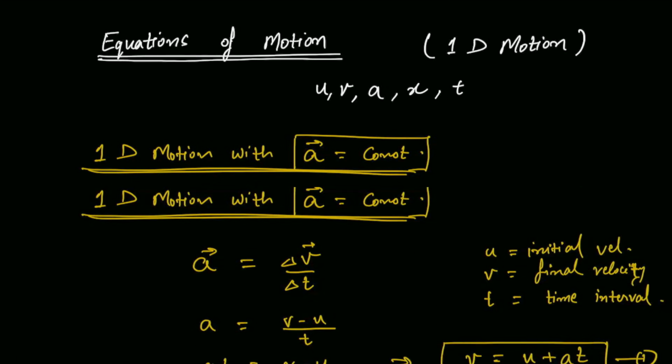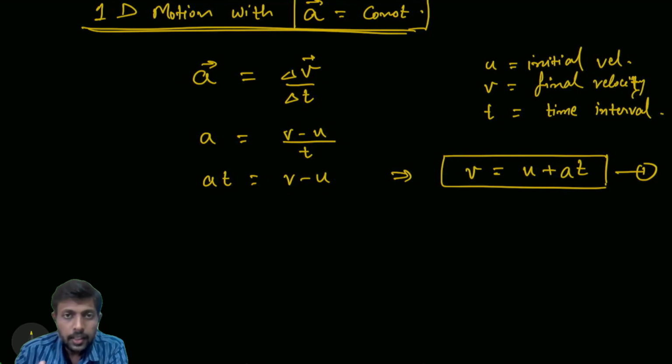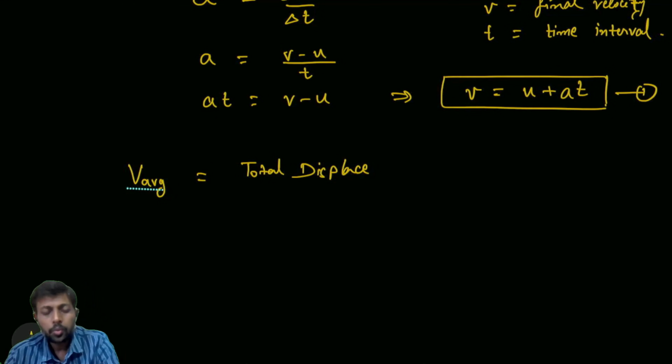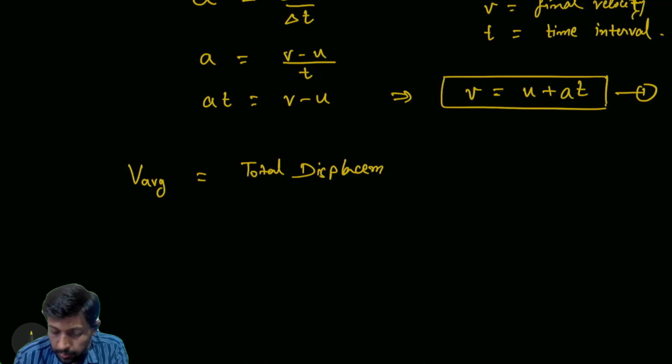Okay, now let's move on to the next equation of motion, where we will utilize the definition of average velocity. Now, we know that average velocity is given by total displacement by total time taken.